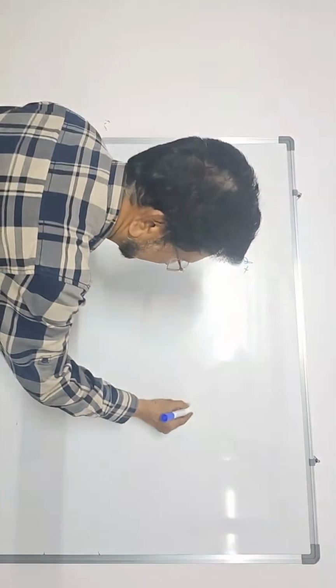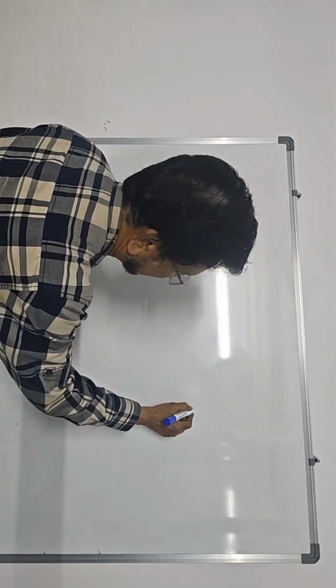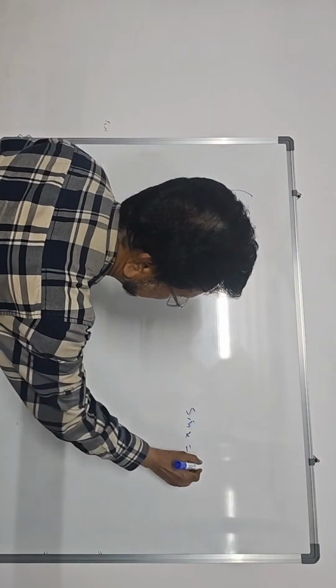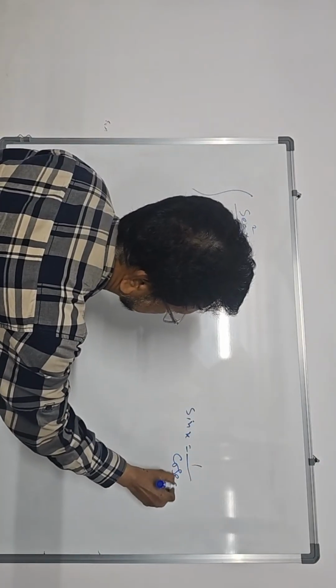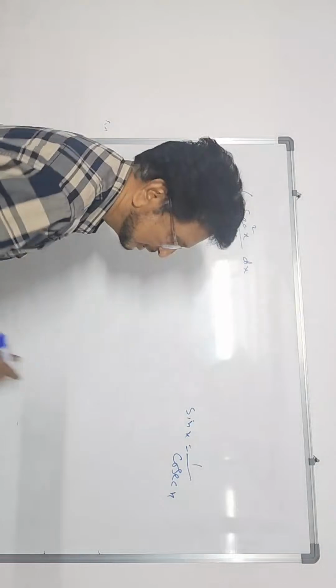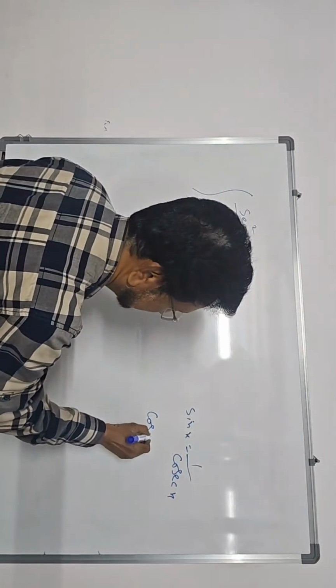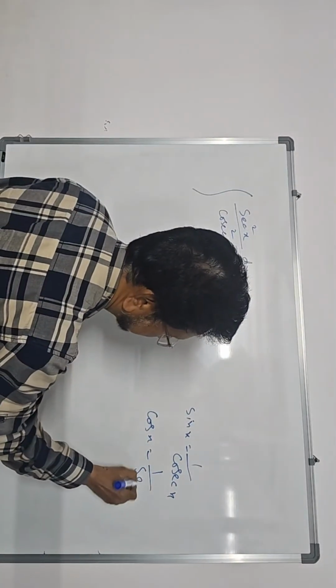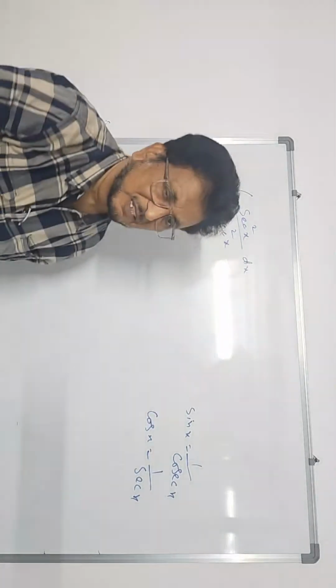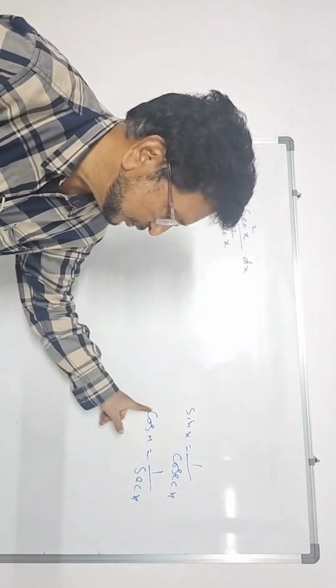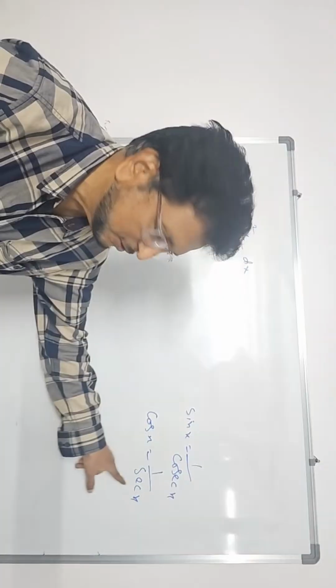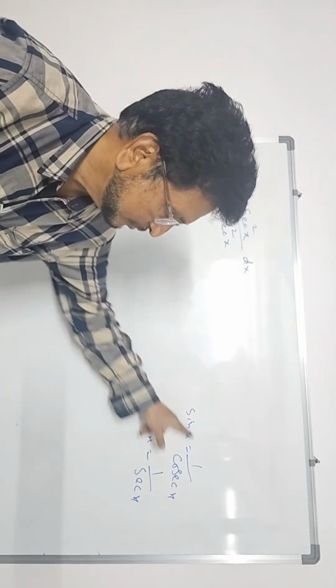See, sin x is the inverse of cosec x, and cos x is the inverse of sec x, and vice versa. You can exchange these two. Sec x is equal to 1 by cos x, and cosec x is equal to 1 by sin x.